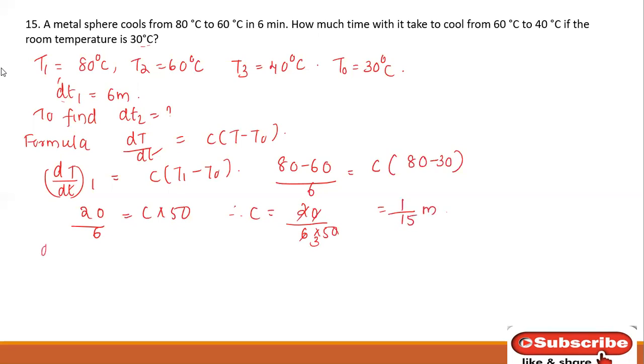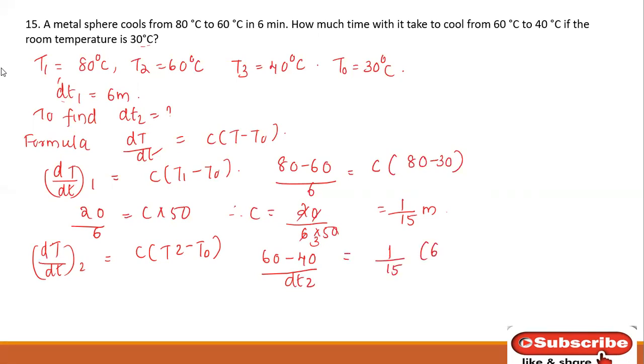Now dT upon dt for the second one, that is C into T2 minus T0. On substituting the values, 60 minus 40 upon dt2 is equal to C, whose value we know is 1 upon 15, into 60 minus 30.